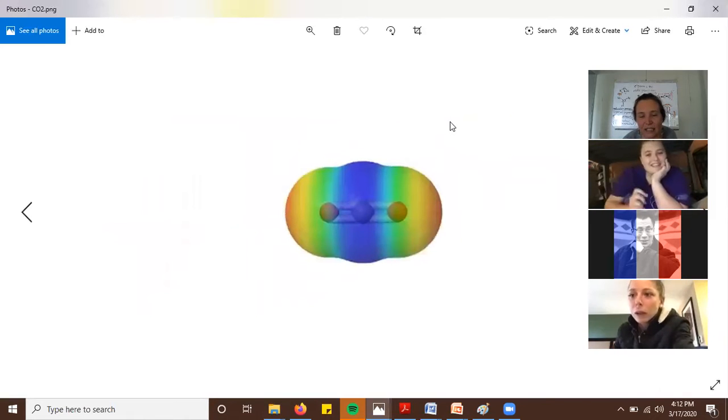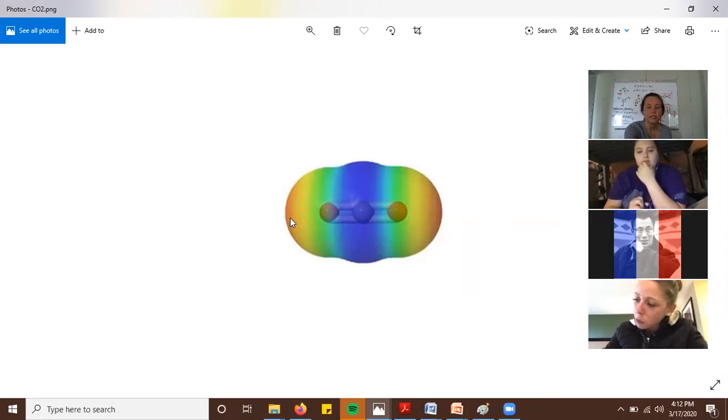So here's the image of carbon dioxide. This is the electrostatic potential diagram showing the electron density for carbon dioxide. We notice that even though there's more electron density on this side, there's also the same electron density on this side. Red shows more electron density, more electronegative, the partially negative.